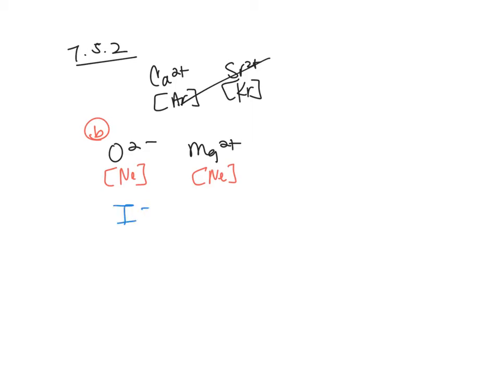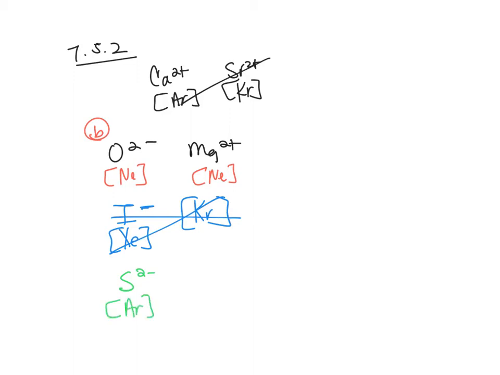Okay, if you go to iodide, you go 1 space because it's negative, and that's xenon. And then that's krypton, right? Krypton is not xenon, so that's not isoelectronic. You look at sulfur 2-, so you find sulfur on the periodic table. 2- means you move up 2 spots, and you see that's argon.